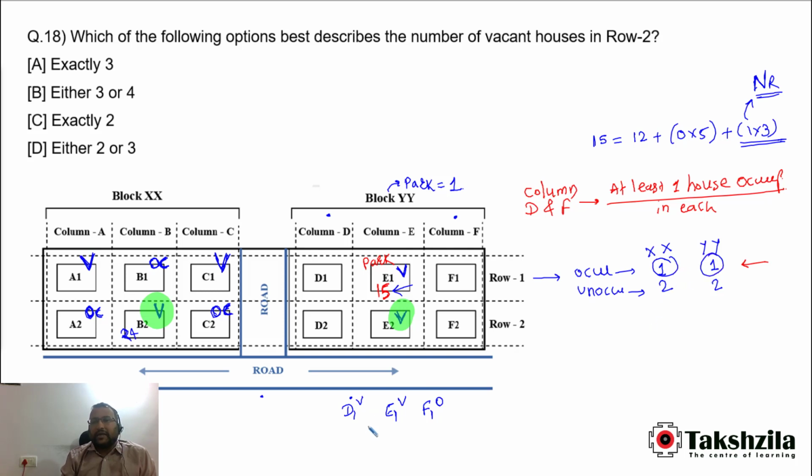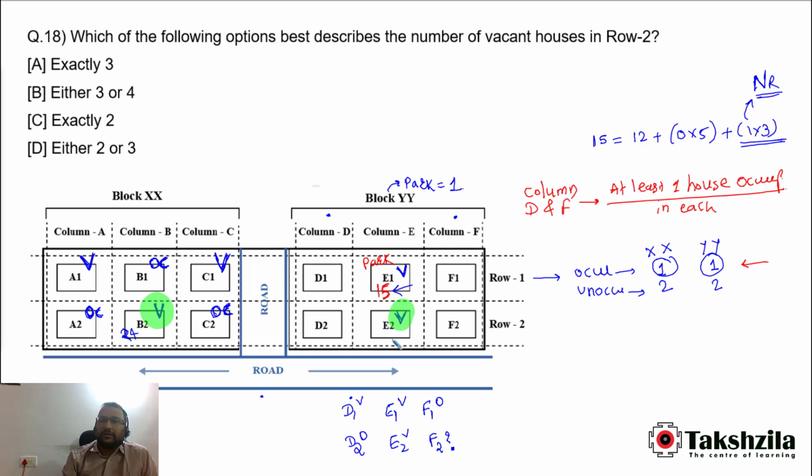Now, in that case, at least one house in column D and column F is occupied. In column D, D1 is vacant, so D2 has to be occupied. Then E2 is already vacant. Now, F2 we don't know whether it is occupied or vacant as of now. This is one of the possibilities.